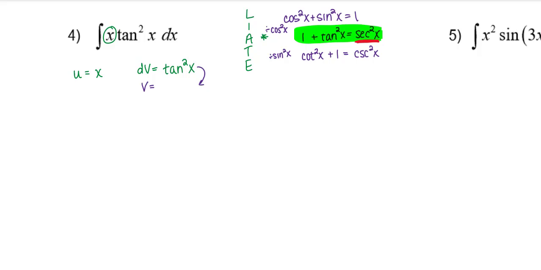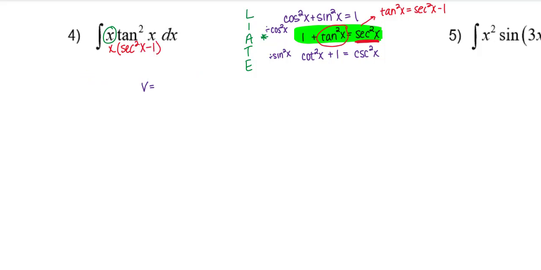So because I can integrate secant squared, I can also now integrate tangent squared because I can say tangent squared x is the same thing as secant squared x minus 1. So I'm going to back up just a little bit here in this problem, and I'm going to rewrite tangent squared x and say that this integrand would be x times, and instead of tangent squared x, I'll say it's secant squared x minus 1.